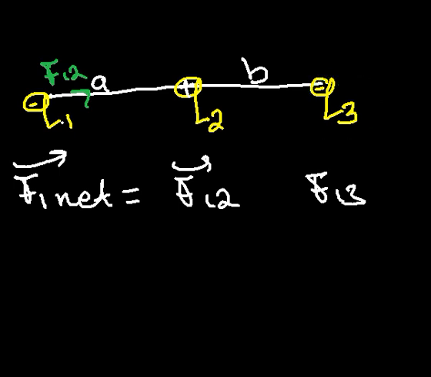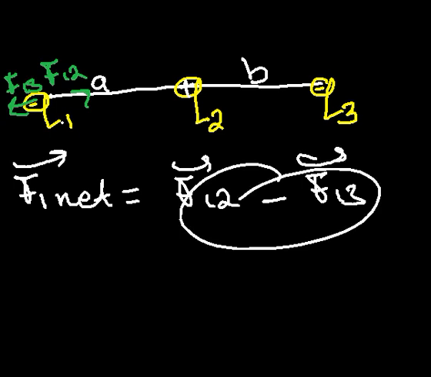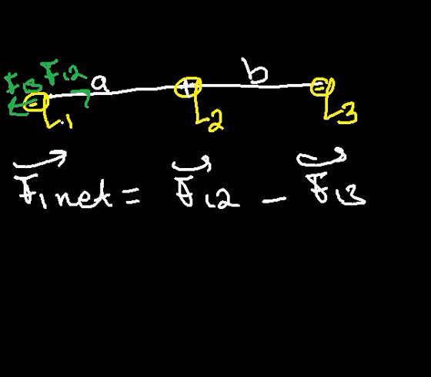The force will be towards this direction. It will be given as F13. Since it is towards the negative direction, we'll have it as a negative. So this is the expression that corresponds to the net force acting on charge 1 due to the other charges. And if we had some more charges here, we'd do the same. We could have, let's say, F14, and so on.